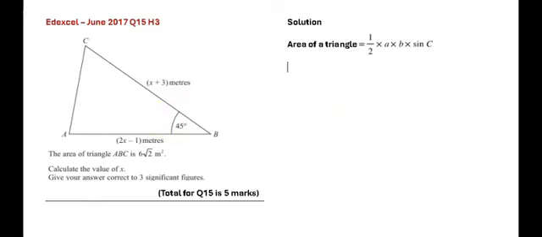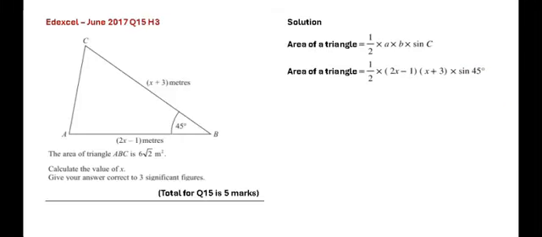Now, in our case, we have the area of ABC equal to half times 2x minus 1 times x plus 3 times sine of 45 degrees.